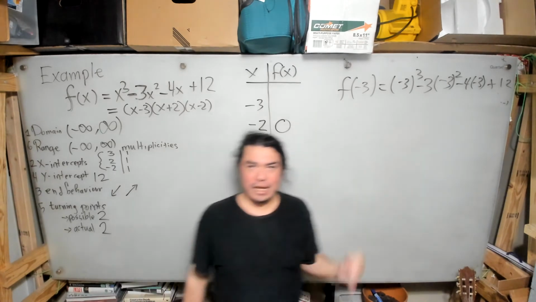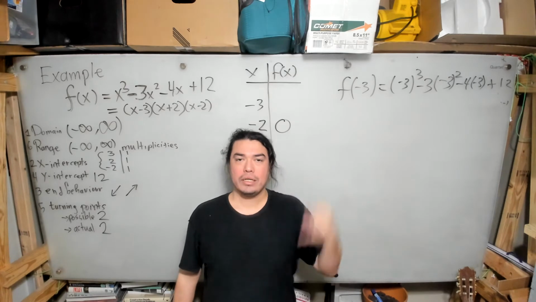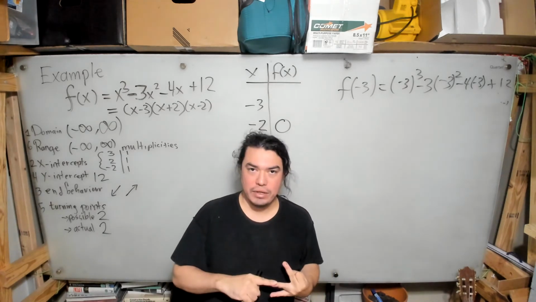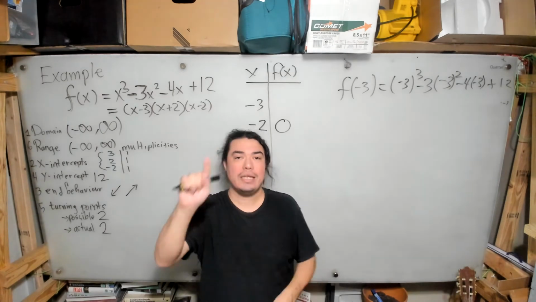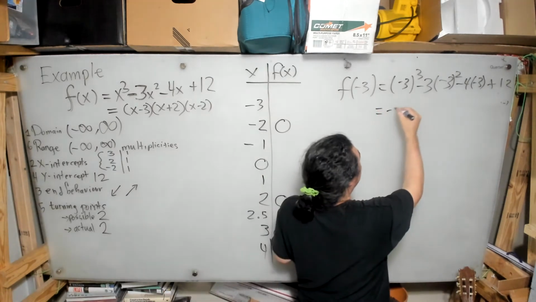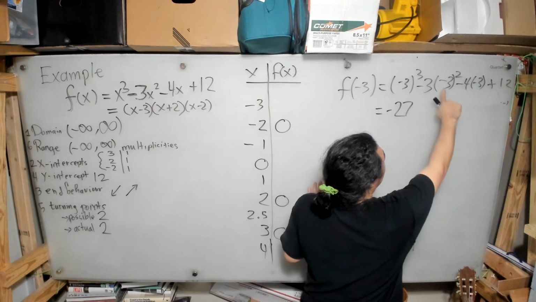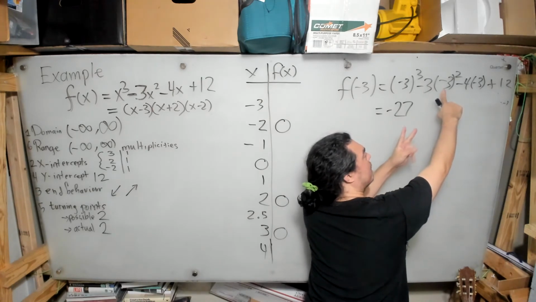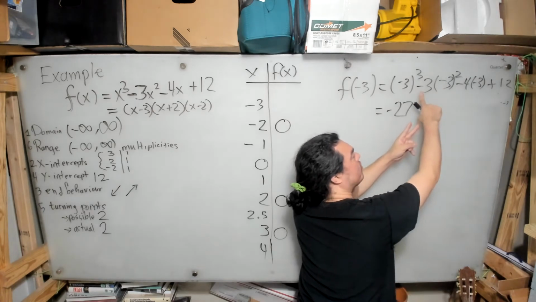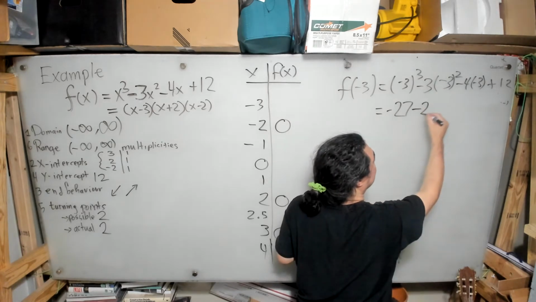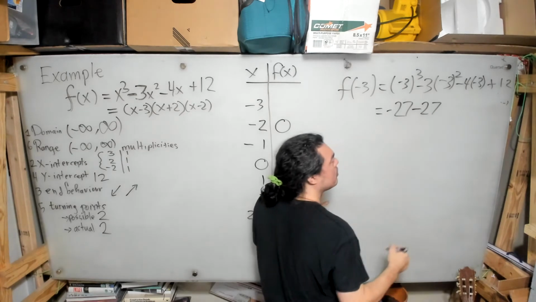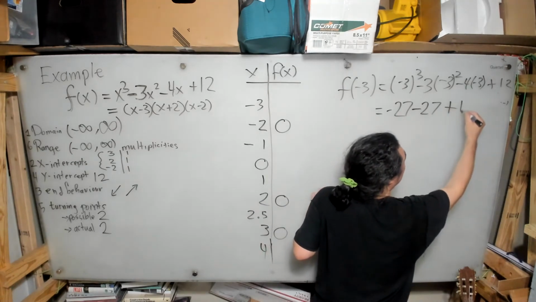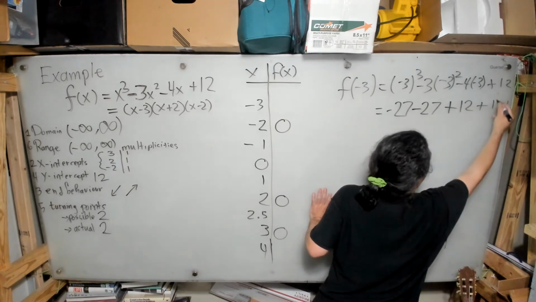That means -3 times -3 times -3. -3 times -3 is +9. Times -3 again is -27. Here, -3 squared: -3 times -3, that's +9. Times -3, we're going to get -27. -4 times -3 is +12, and then plus 12.